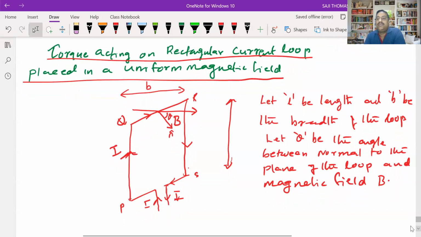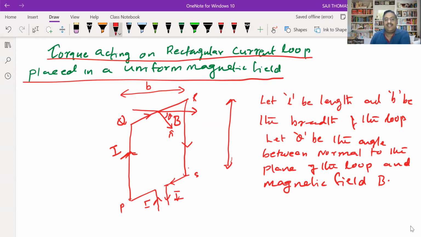So PQ is a conductor of length l placed in a magnetic field. It will experience a force. That force is given by BIl sin theta, where theta is the angle between current and magnetic field.